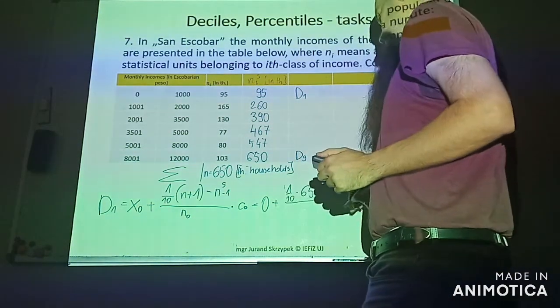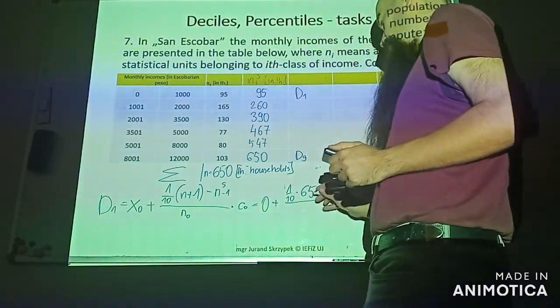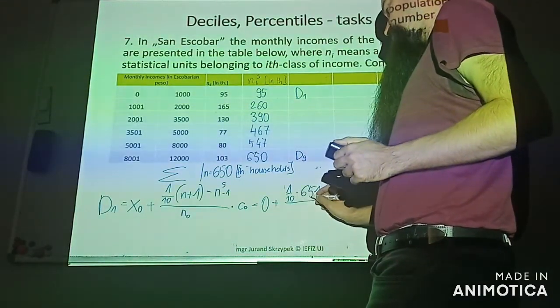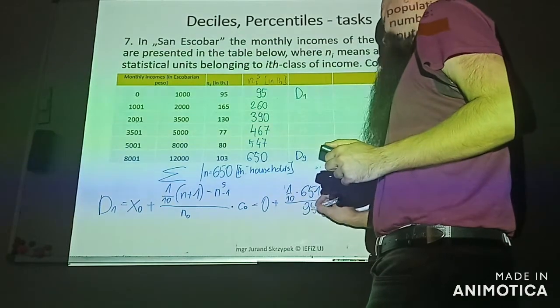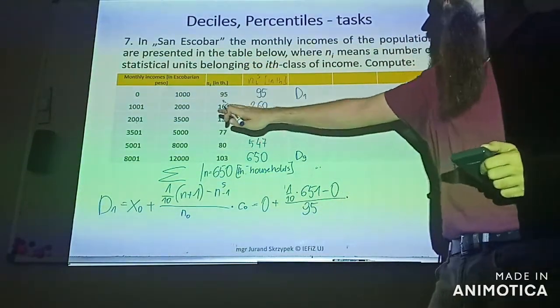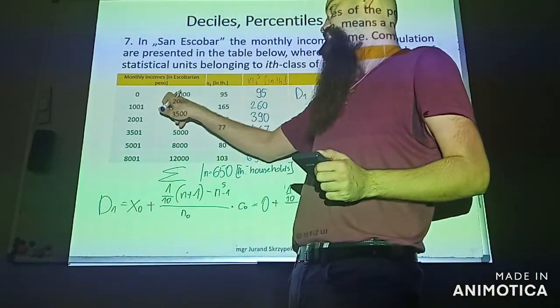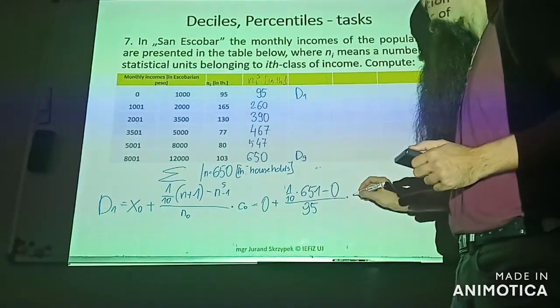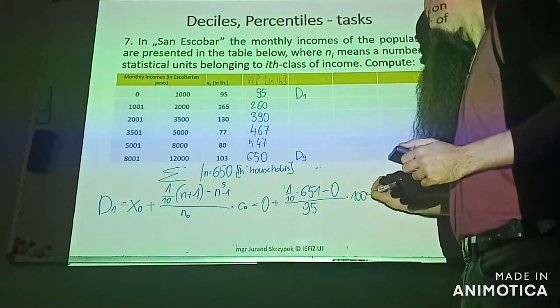We divide this amount by n0, which is 95, and we multiply this fraction by the difference between 1000 and 0, which is of course 1000.